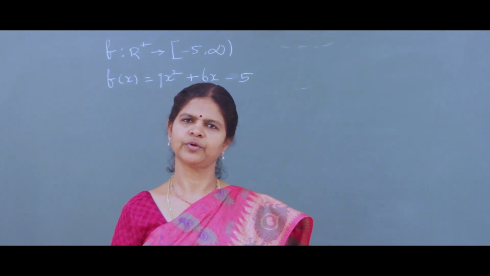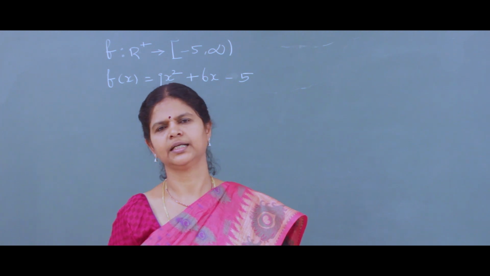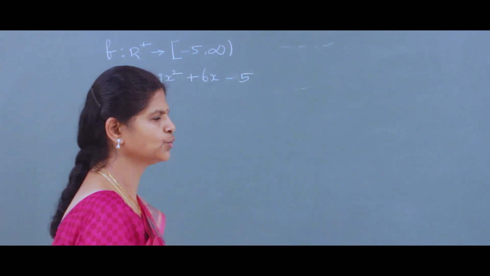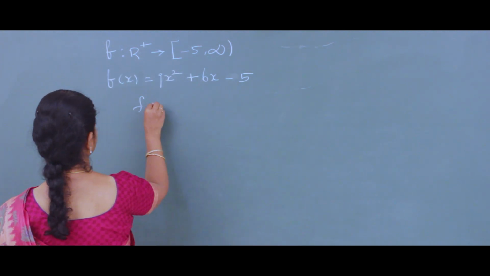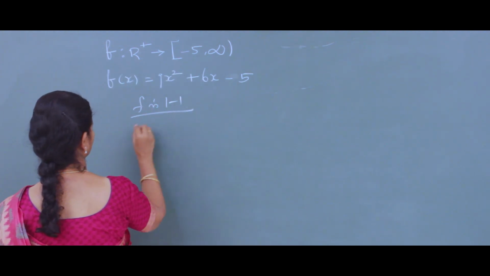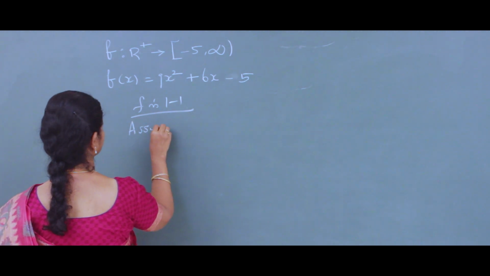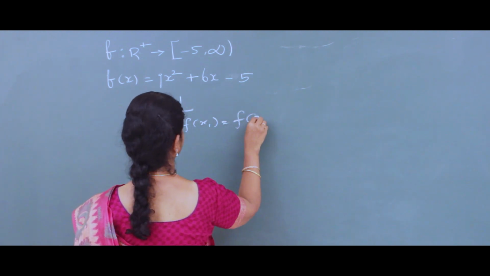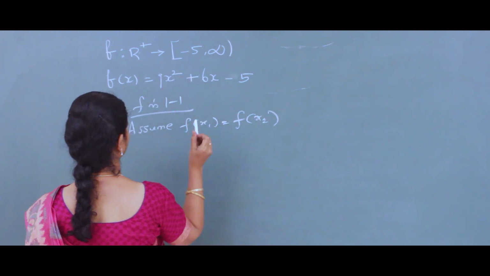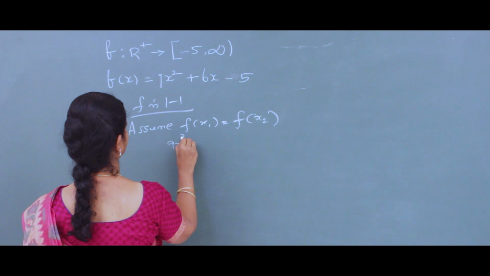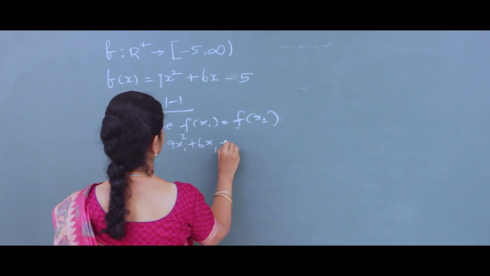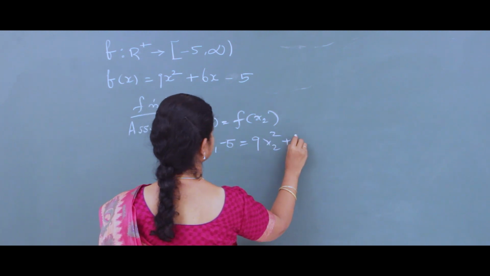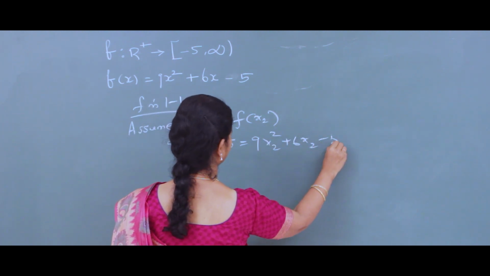So first let us prove f is 1 to 1. What is the condition for 1 to 1? Let us assume f of x1 equal to f of x2. So 9x1 square plus 6x1 minus 5 equals 9x2 square plus 6x2 minus 5.